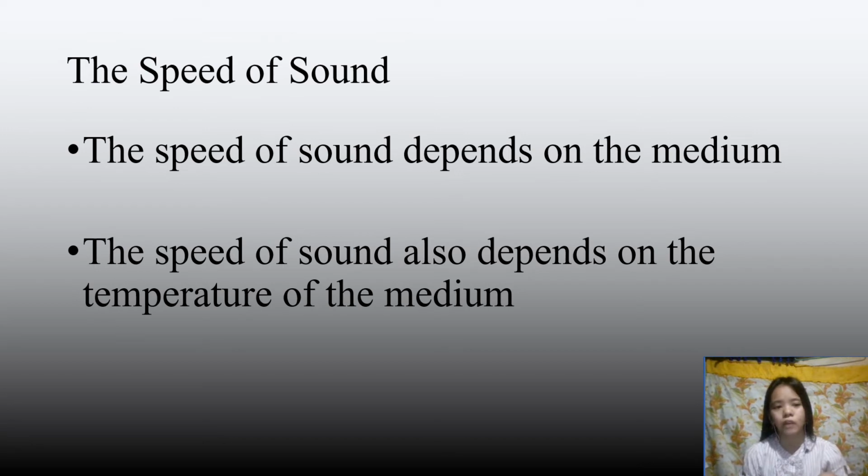The speed of sound. The speed of sound depends on the medium. The speed of sound also depends on the temperature of the medium. So remember that the speed of sound depends on the medium, and one of the main properties of the medium is the density of the medium, because a wave consists of particle vibration.